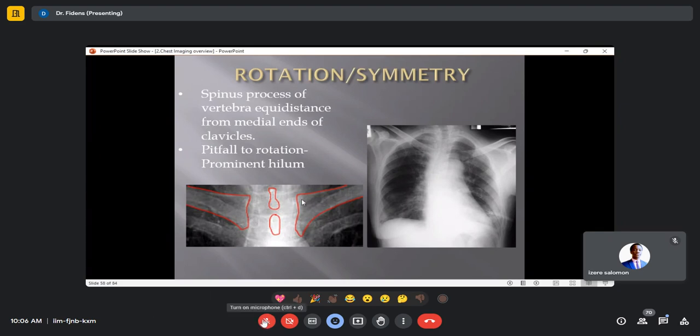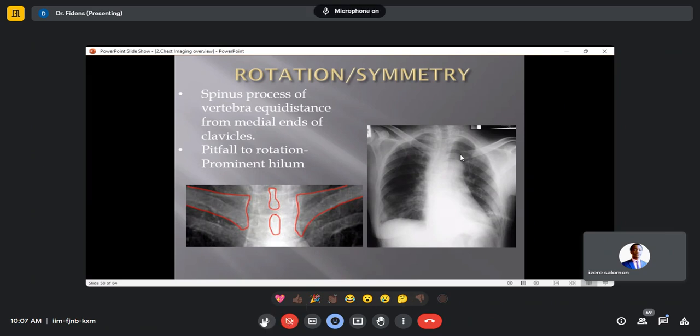But check on this film here. If you check very well, you'll see that the patient was rotated. The spinous processes are somewhere there. I can see them. The line made by these, the distance from here to here and from here to there, are they the same?